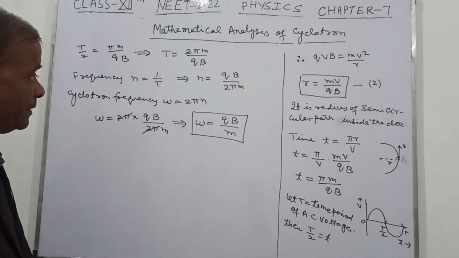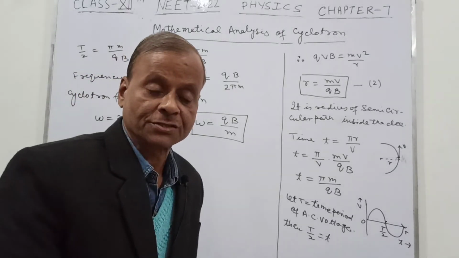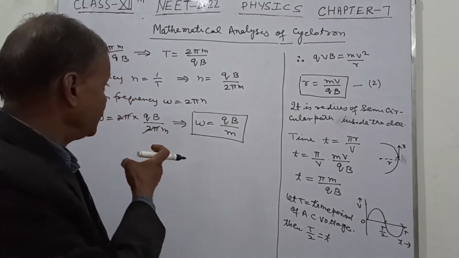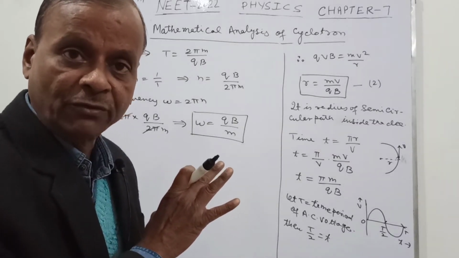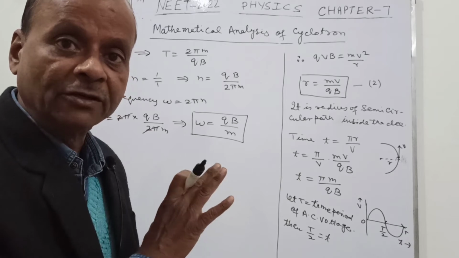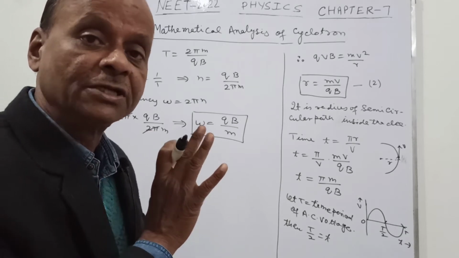Now you are looking here that this cyclotron frequency is independent of the radius of the circular path and independent of the velocity of the charged particle.